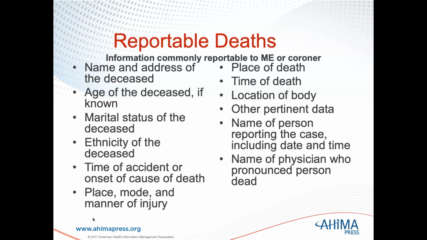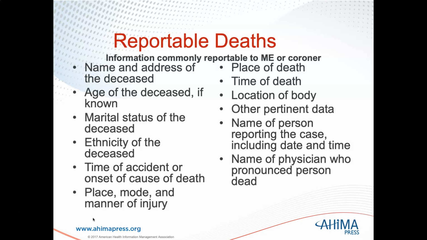So some common information that's reported to the ME or coroner includes name and address of the deceased, age of the deceased, marital status, ethnicity, time of accident or onset of cause of death, place, mode, and manner of injury, place of death, time of death, location of body, anything else that may be pertinent to it. You know, if they had been in the ED 3 days earlier, they definitely will want that information.